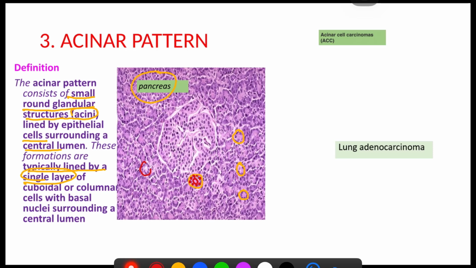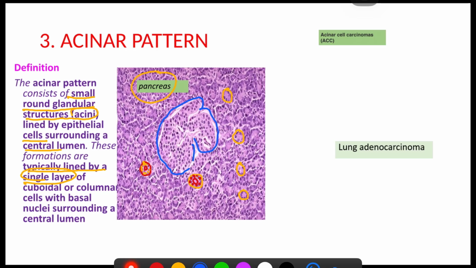So this is called acini. Here you can identify lumina, and these are the different small cells. In the normal pancreas you identify this by the acini, and this is called islet cells, right? So there are two types of cells, islet cells and acini cells.